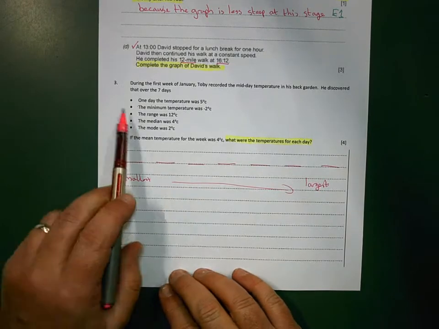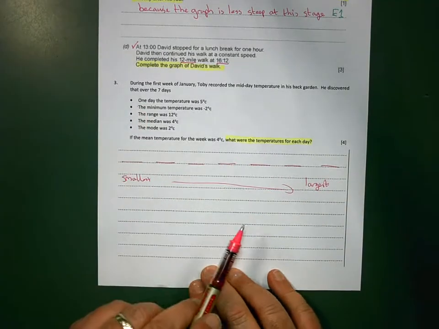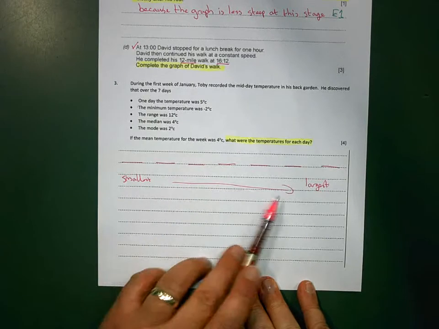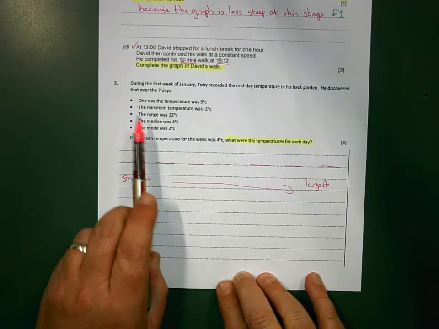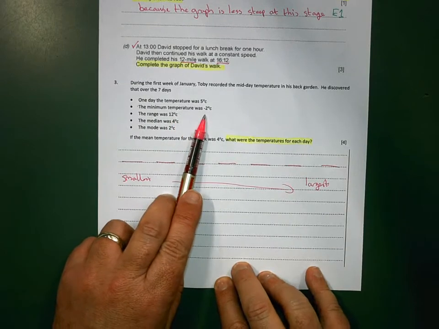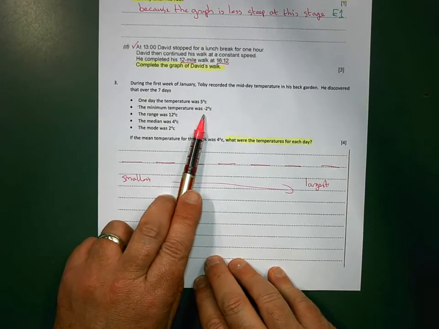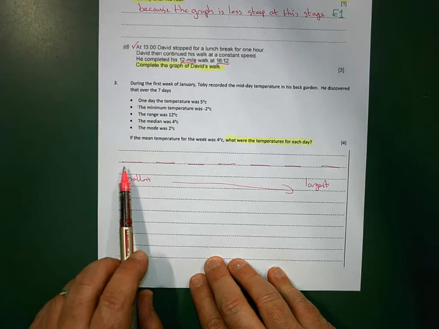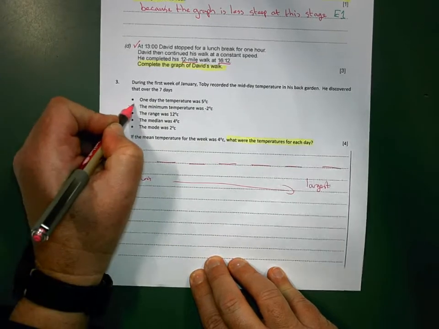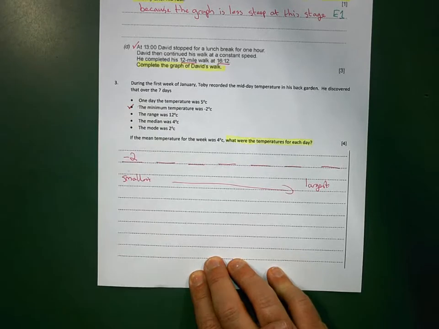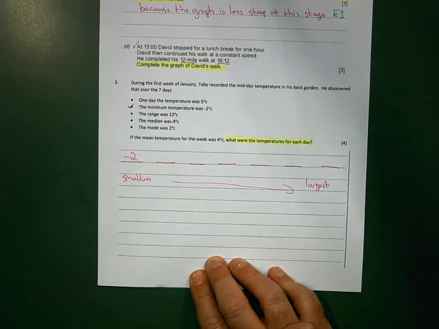So one day the temperature was 5 degrees. Well, I can't use that yet because it could go anywhere. The minimum temperature was -2 degrees. Well, the minimum I know is going to go in that smallest box. So I can write that one in, and then I can put a little tick next to it so I know that I've used that piece of information. The next one, the range was 12.